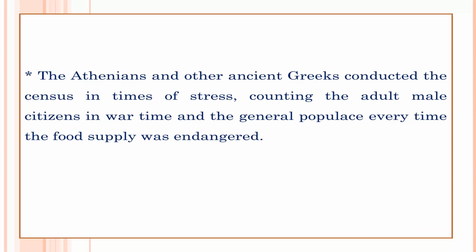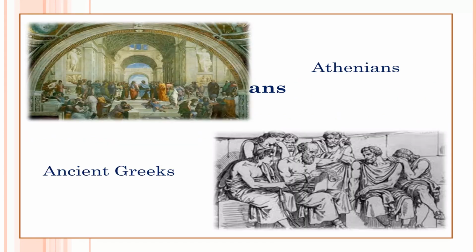The Athenians and other ancient Greeks conducted a census in times of stress, counting the adult male citizens in wartime and the general populace at other times. The food supply was ensured. This is the picture of the ancient Greek citizens.